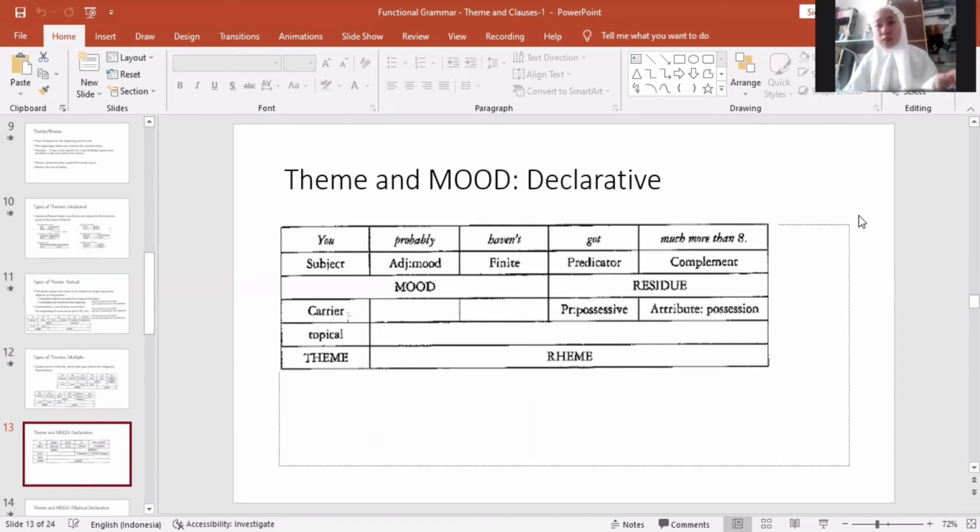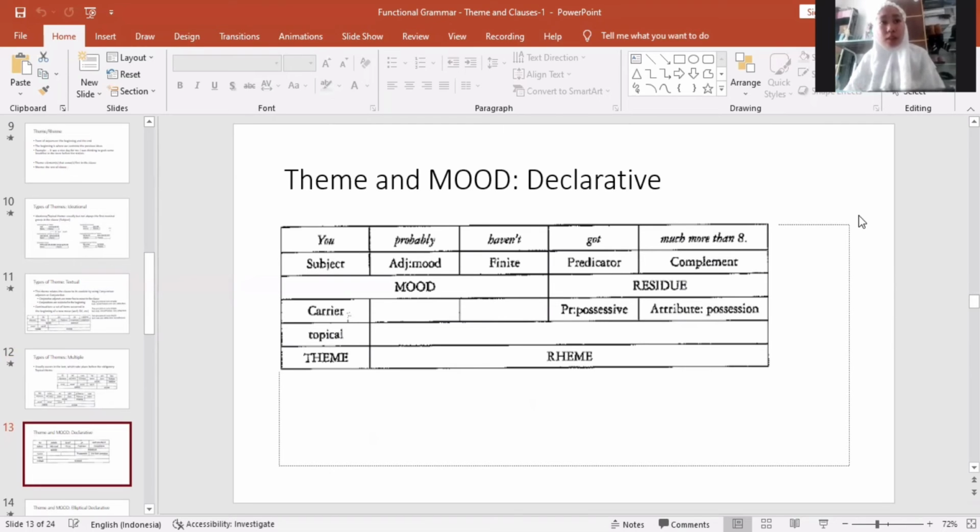Theme and mood: declarative. Declarative mood is an epistemic mood that signals that the proposition is expressed by a speaker as a statement of fact.